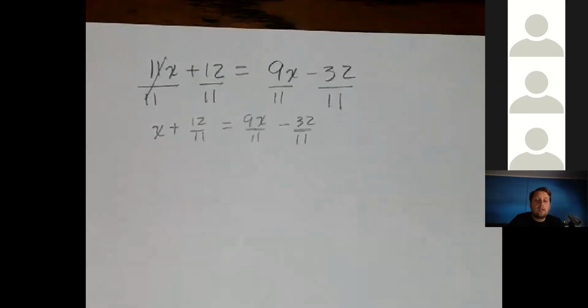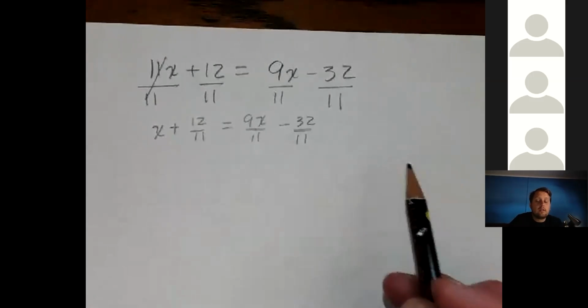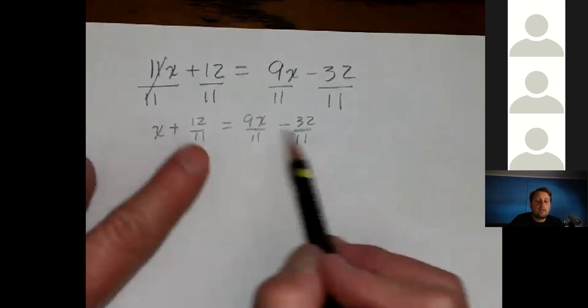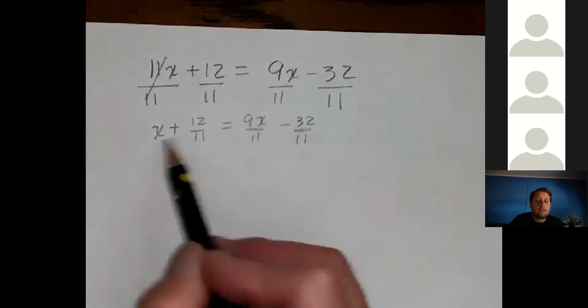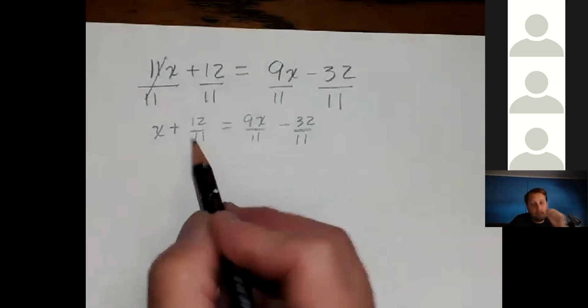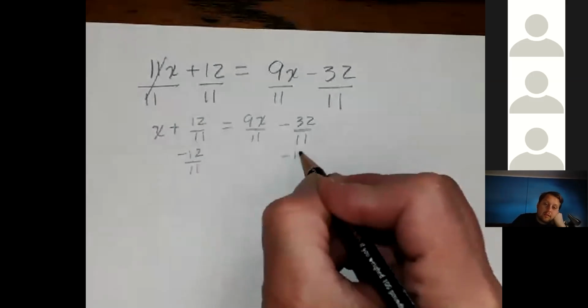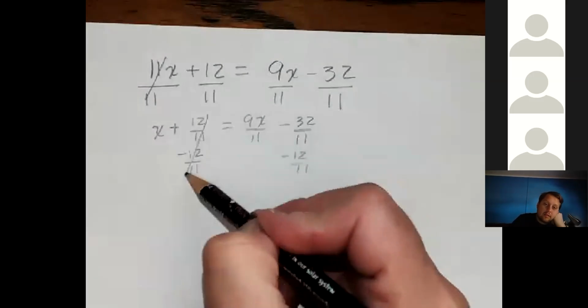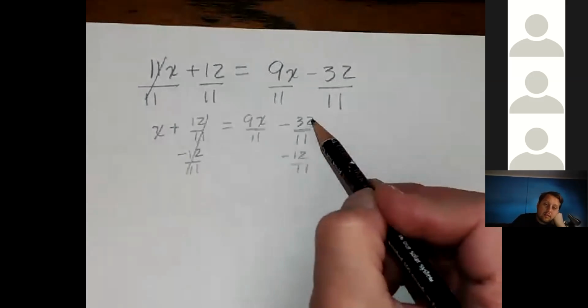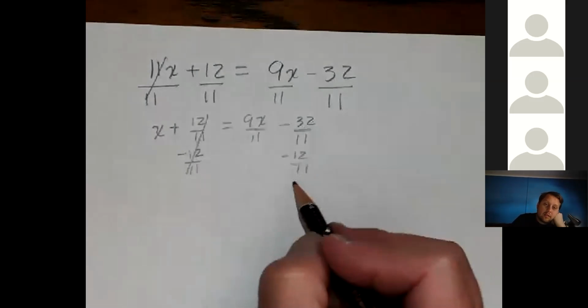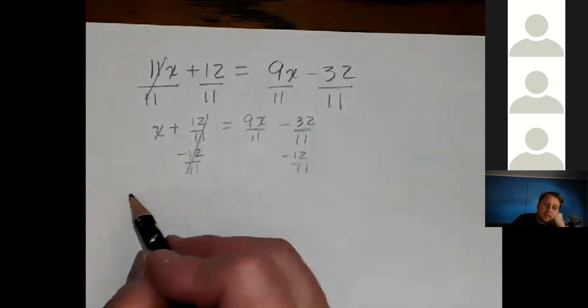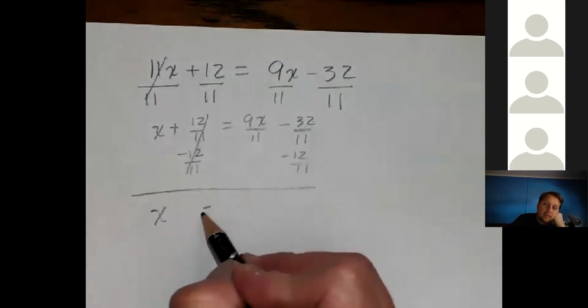I don't know. Could we minus 12 11ths? You want to subtract 12 11ths from negative 32 11ths? Let's do that. So negative 32 11ths subtract 12 11ths. Guess what we're going to get? 22.